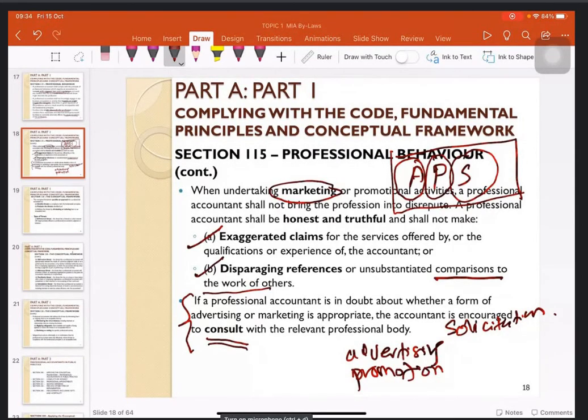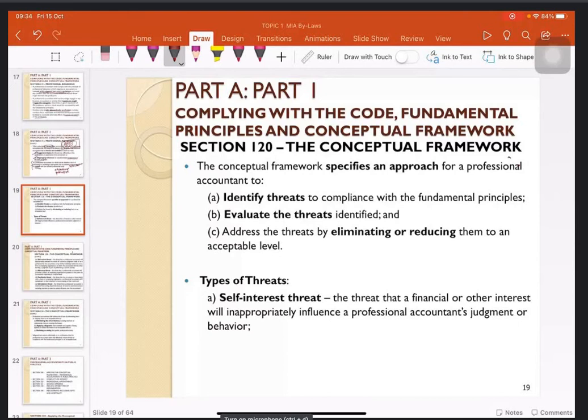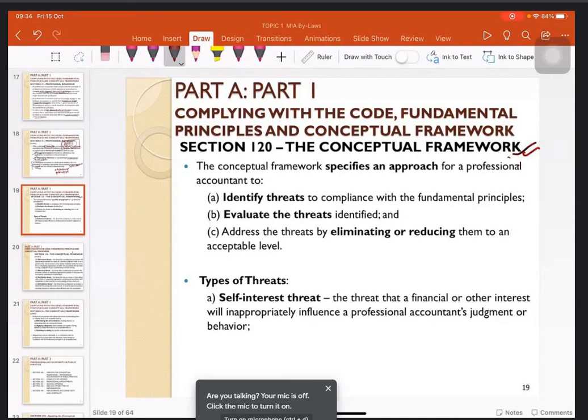Okay, next one adalah tadi kita tengok kepada fundamental principle. Next one kita akan tengok section 120. Section 120 adalah conceptual framework. Conceptual framework adalah kita kena identify what are the threat that we might face that yang menyebabkan you not be able to follow the requirement of fundamental principle.